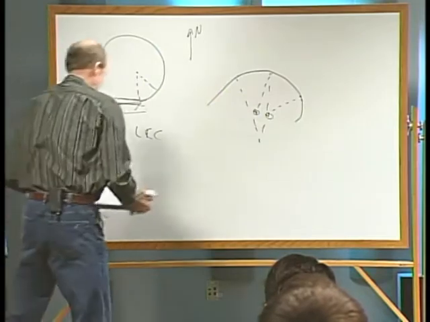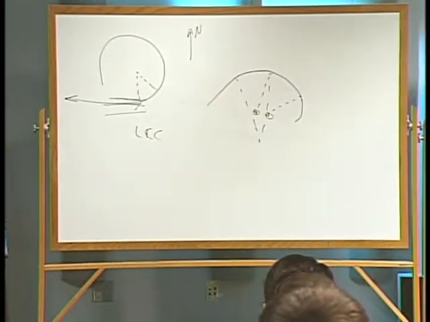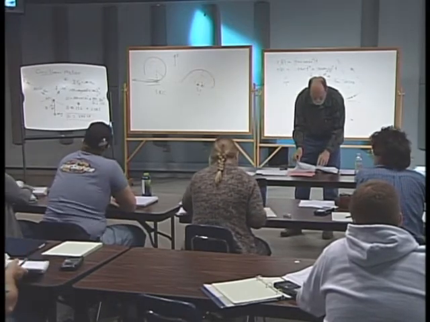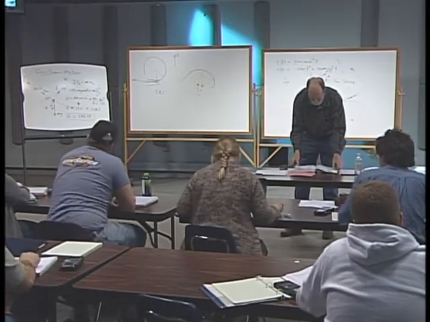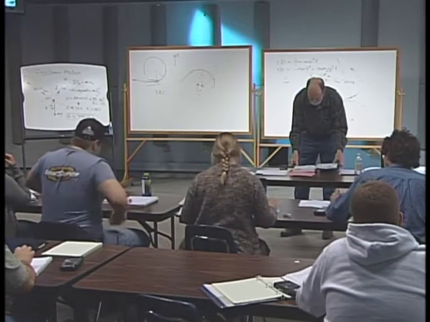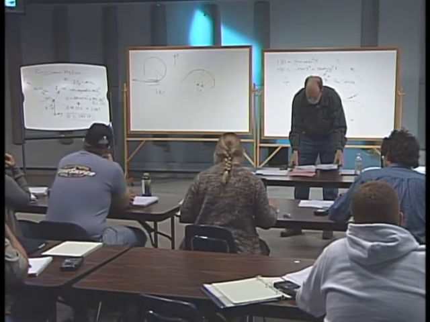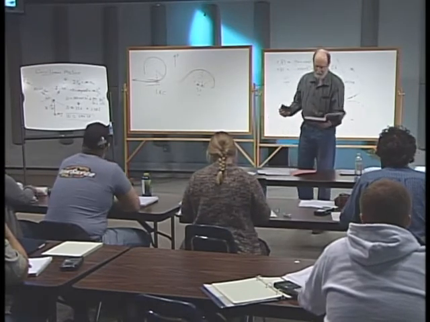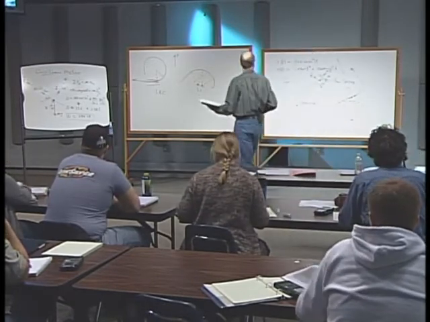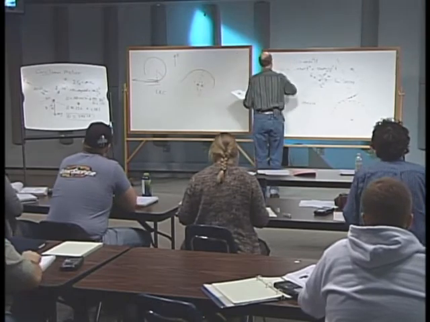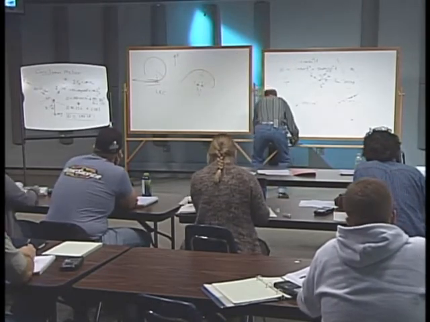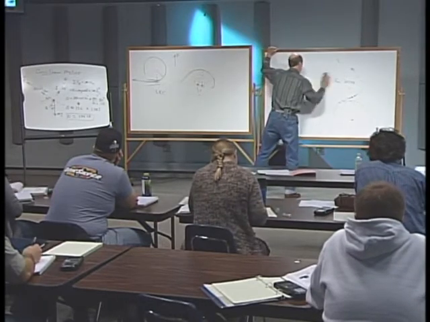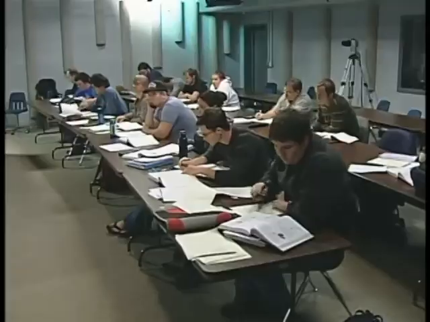Let's do something a little more sophisticated than that problem. Oh, let's do something with polar. How about number 76? And I'll put the problem up here so people can see it.